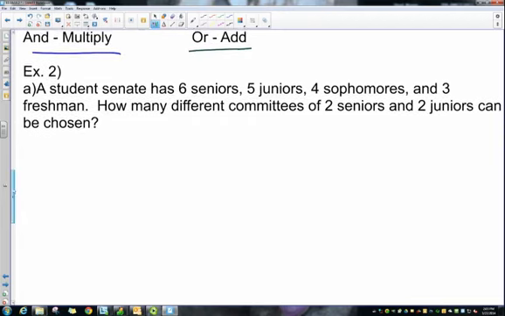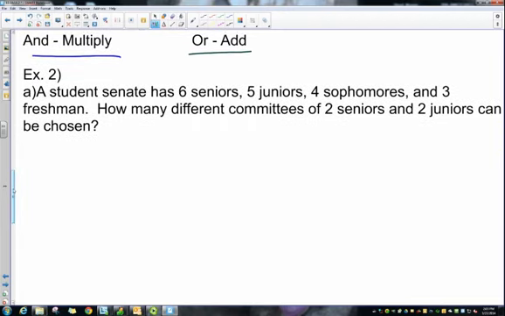All right, final one here. A student senate has 6 seniors, 5 juniors, 4 sophomores, 3 freshmen. How many different committees of 2 seniors and 2 juniors can be chosen? So we're going to start with our seniors. I need to know how many I am choosing from. What's my total? Well, I have 6 seniors, so my total is 6. And I am choosing 2 of them. Then I move on to the juniors. The juniors has 5, and I'm choosing 2 of them.